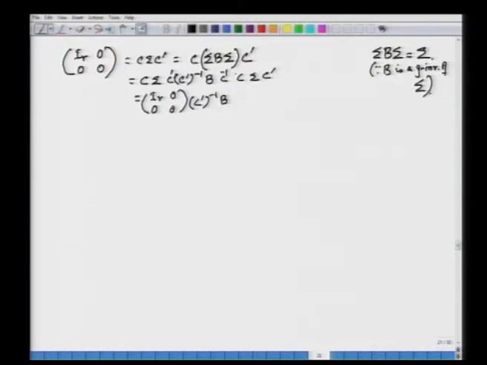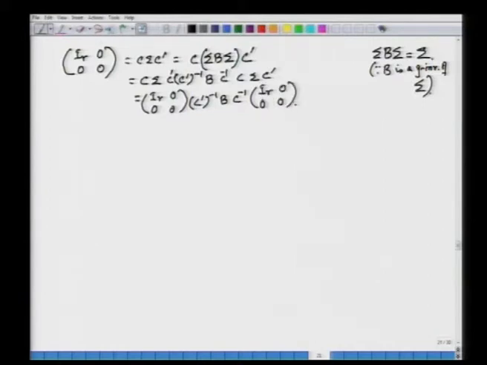So, this is C inverse C, no problem in it, whether it is C inverse or C inverse C. So, I have a C inverse here, and then I have C sigma C transpose giving me again this matrix.